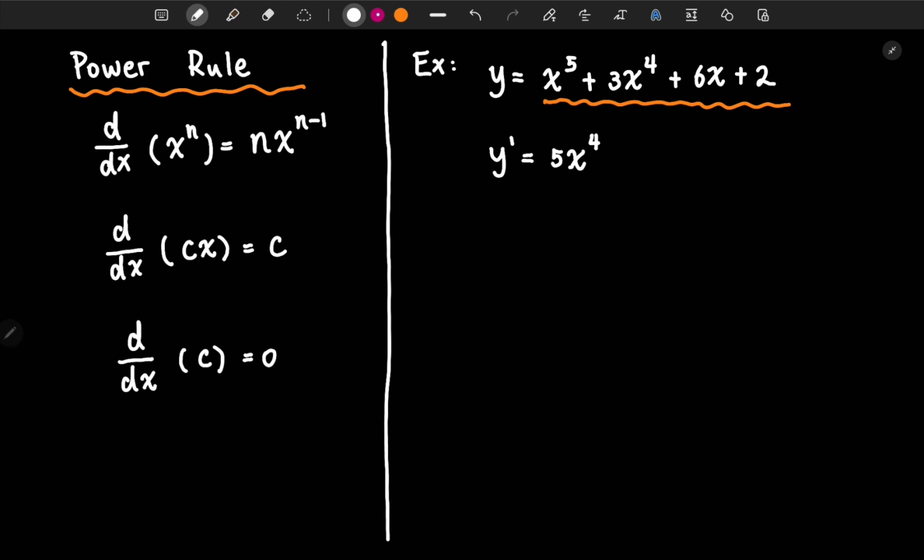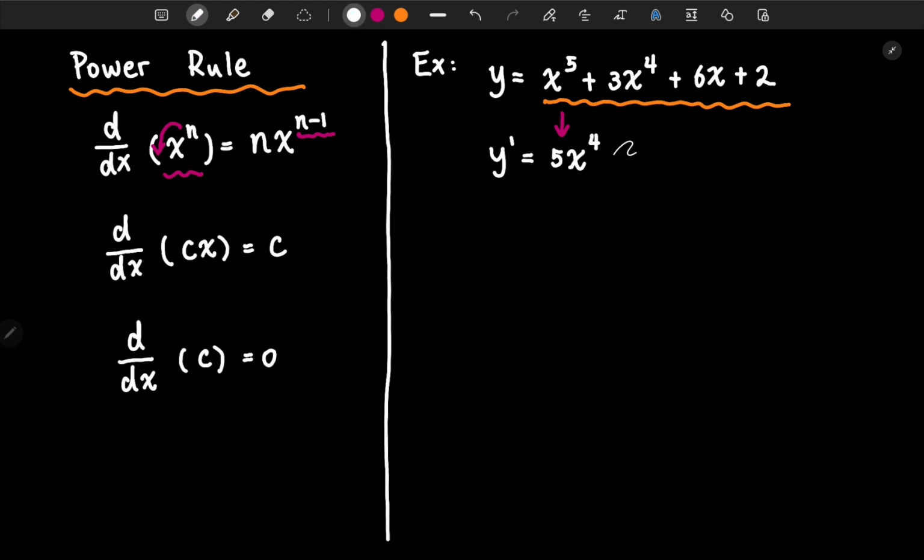As stated here, for x to the nth power, all we've got to do is move the n in front of x, and for our power term, we have n minus 1. So our x to the fifth power becomes 5 times x to the fourth power.